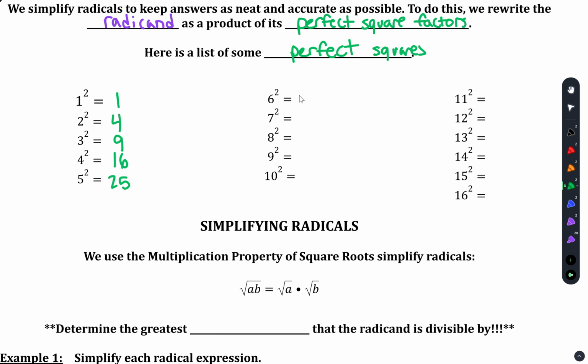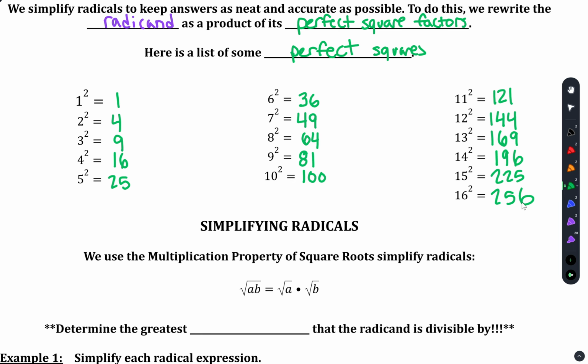Can we keep going? 36, 49, 64, 81, 100, 121, 144, 169, 196. That's as high as we went yesterday. Here's 2 more for you. 225 and 256. Nice. 256 is our last one.